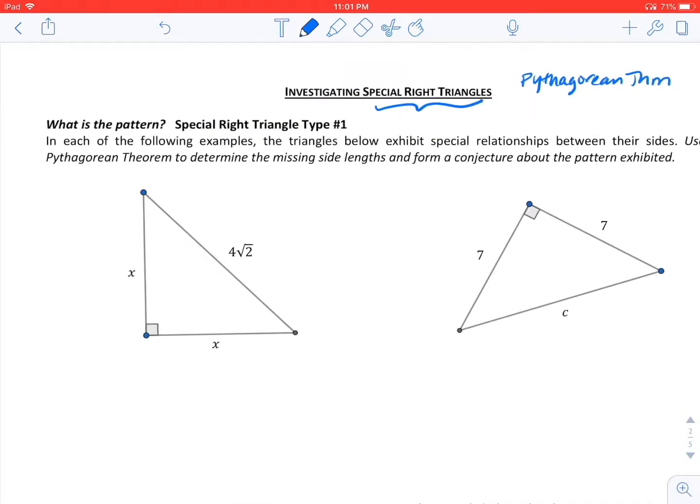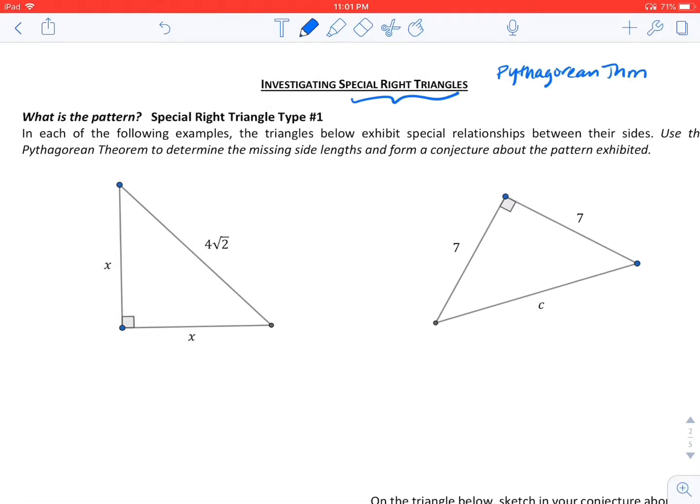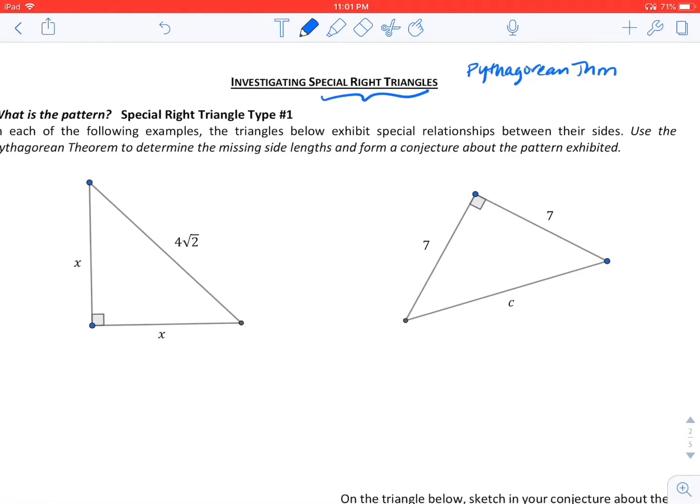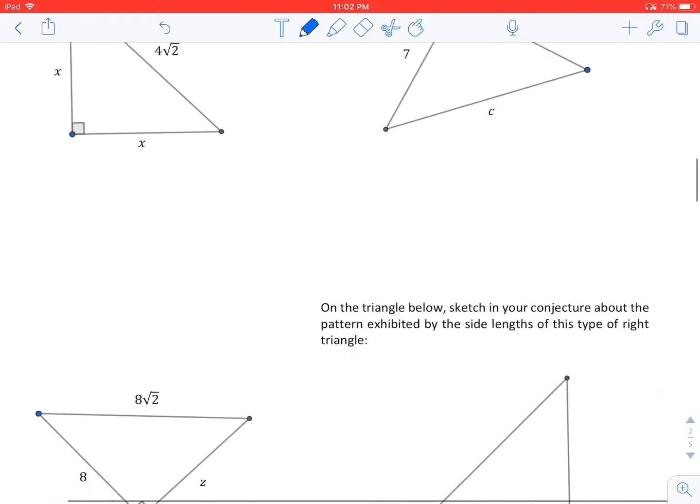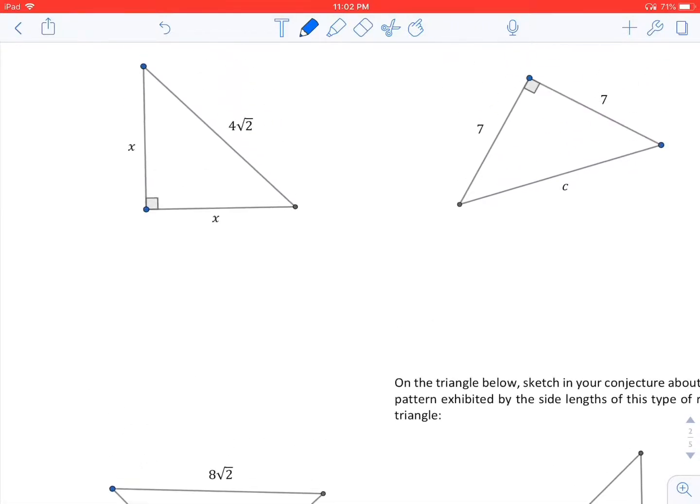In each of the following examples, the triangles below exhibit special relationships between their sides. Use the Pythagorean theorem to determine the missing side lengths and form a conjecture about the pattern exhibited. That's really what that bottom part is.